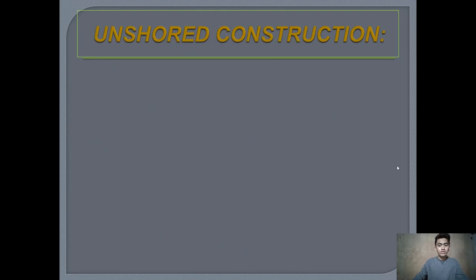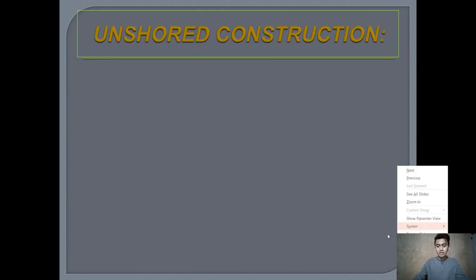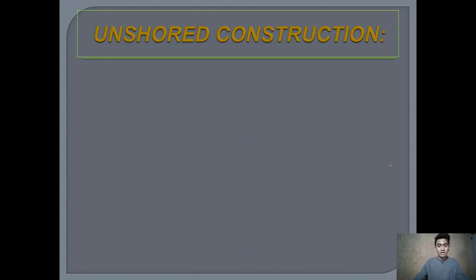So for unshored construction, we will be considering two types of computation. As I have said earlier, for unshored construction, we have your curing stage and then the composite stage. So for our first computation, let us consider first the composite stage, or that is letter A, what we call concrete wet.